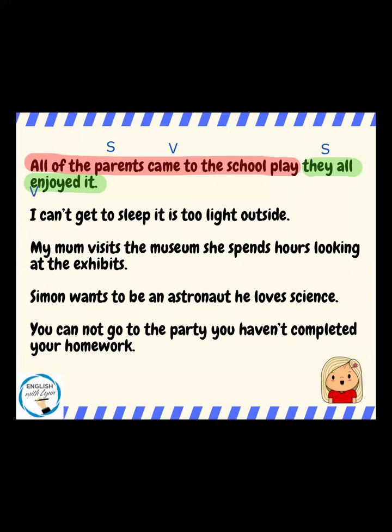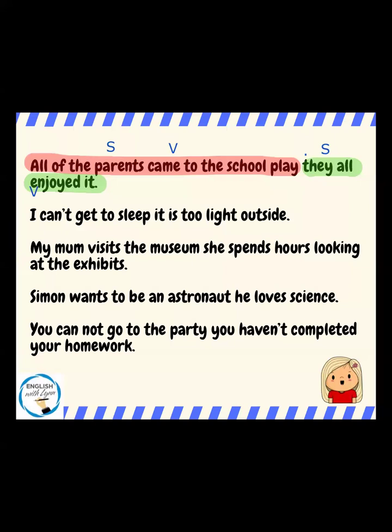So I've spotted my two main clauses, and now I can work out how to correct it. I think the best way to correct this would be just to split them into two simple sentences. So I would put a full stop here, and then have "they" starting with a capital letter. In that case, just a full stop would work.